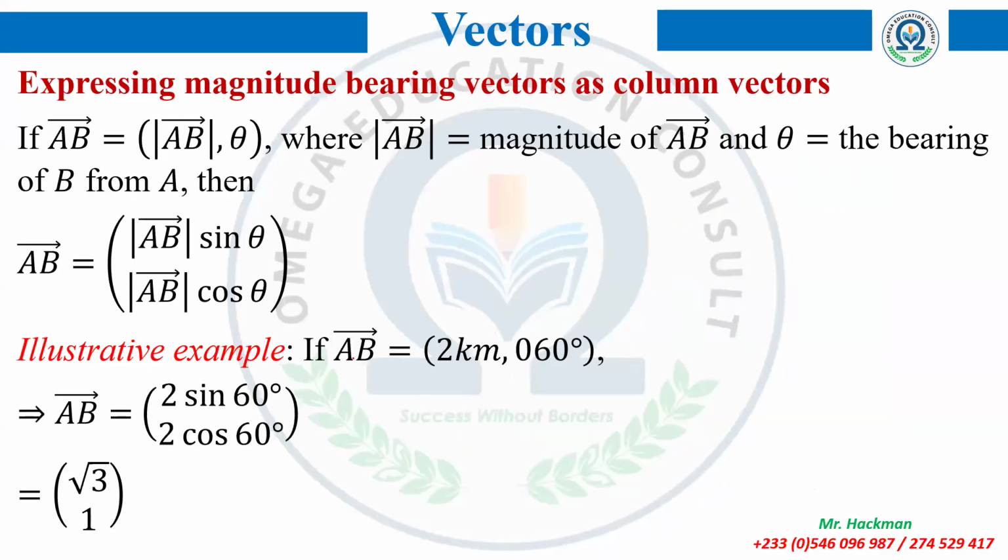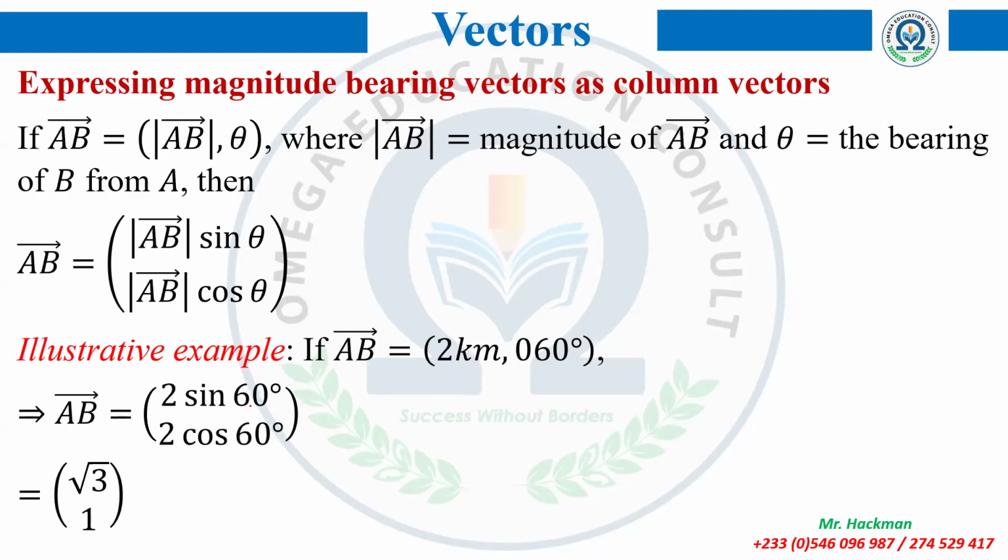So for example, if I have vector AB, there's the magnitude and the bearing. If I want to move from the magnitude bearing to column form, my vector AB in the column form will be the magnitude of the vector, which is 2, times sine of the bearing, and the bearing is 60.